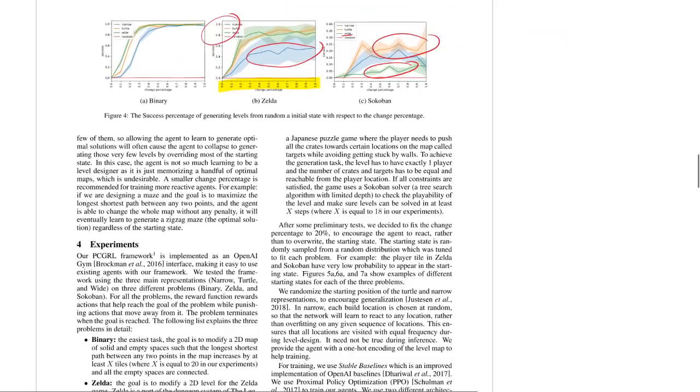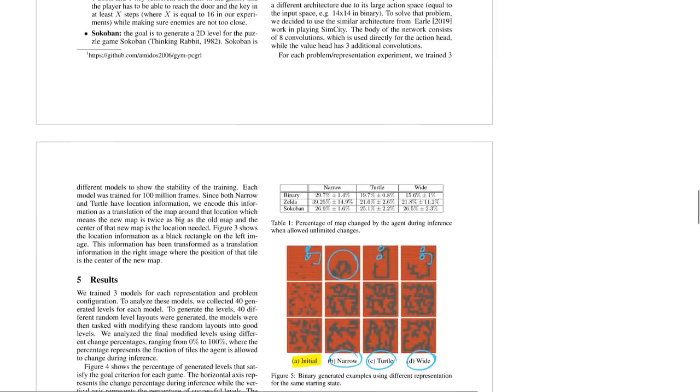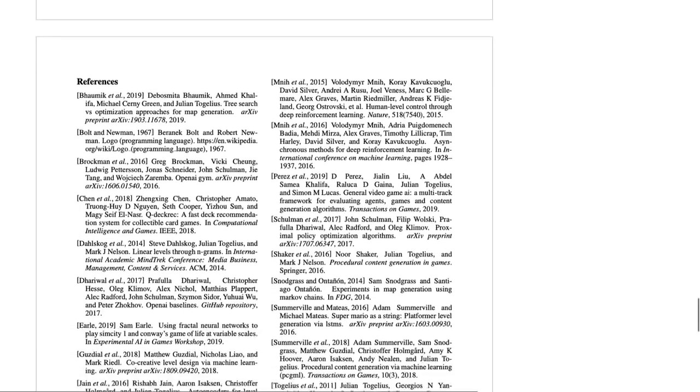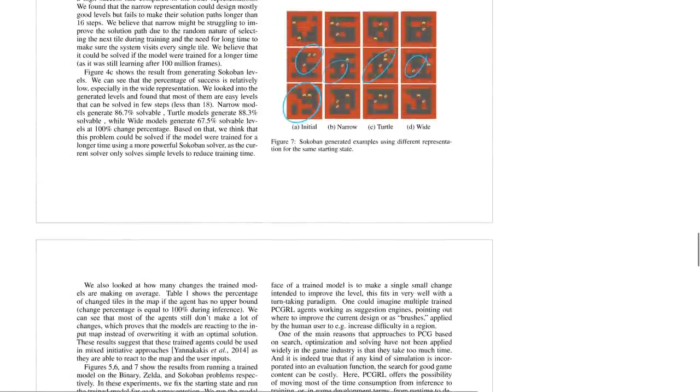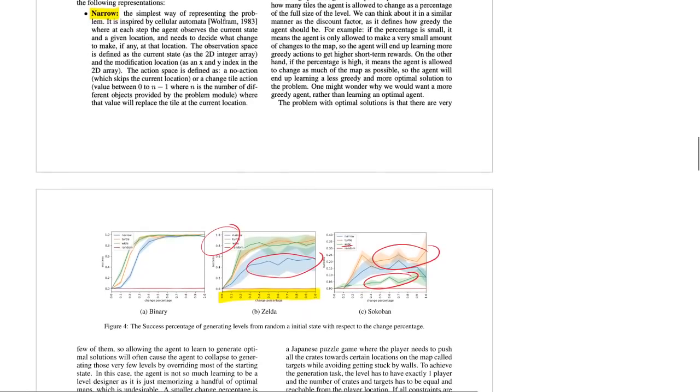So it's more difficult to learn, but ultimately it should learn it better. All right, so this was this paper. I think it's fairly cool and fairly fun to view it from this particular perspective.